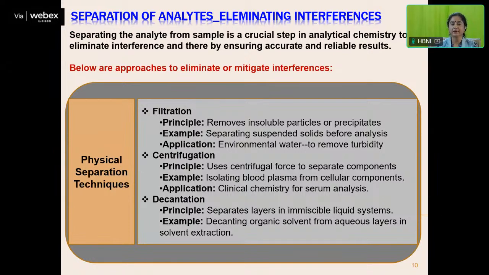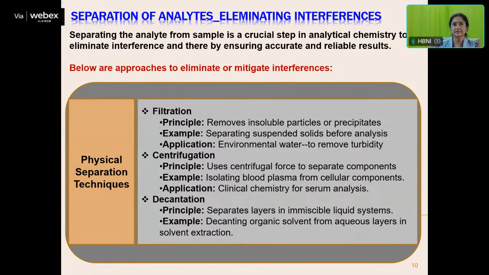Now, once you have prepared the sample, you have finalized the instrument. Now, there may be many other things in your sample which may interfere during analysis. So, it normally happens that you need a separation technique before analyzing your analyte, to eliminate interferences.